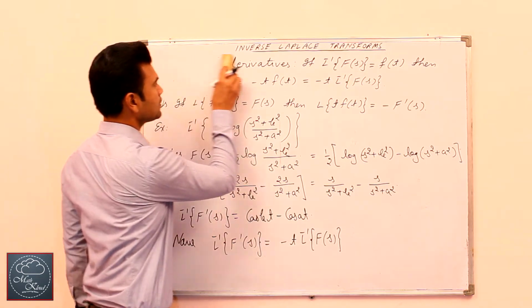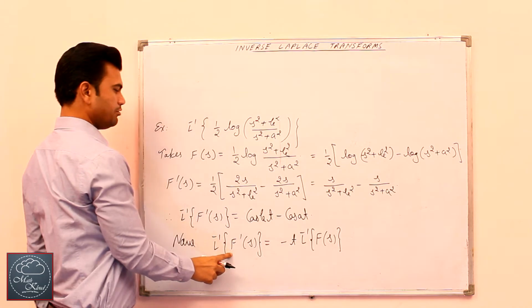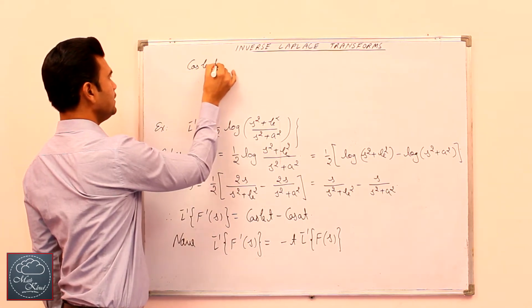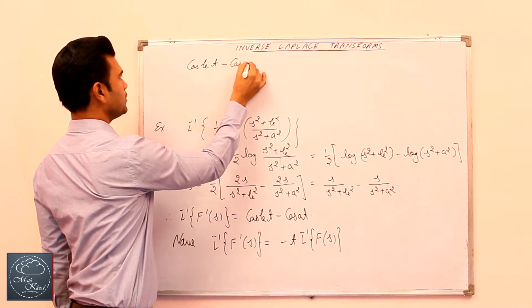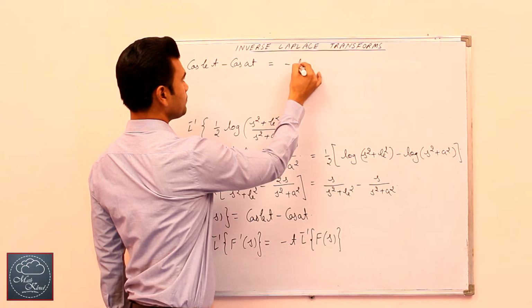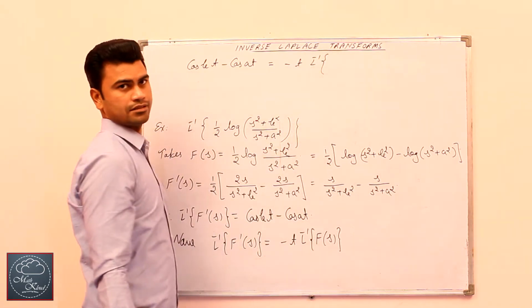So when I put the inverse Laplace transform of F dash(s) here, I get cos of bt minus cos of at is equal to minus t times the inverse Laplace transform of F(s).